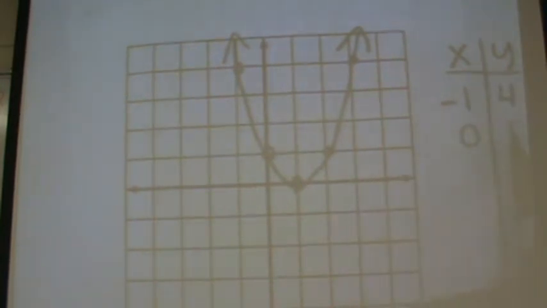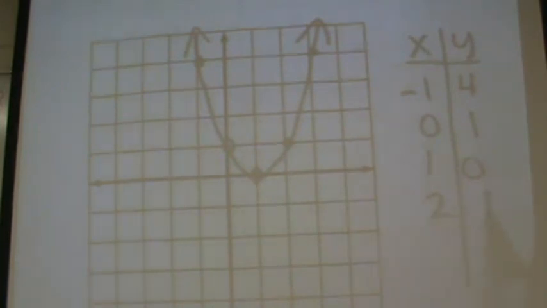So this ordered pair is (-1, 4). Then we have (0, 1). We have (1, 0). We have (2, 1). And we have (3, 4).